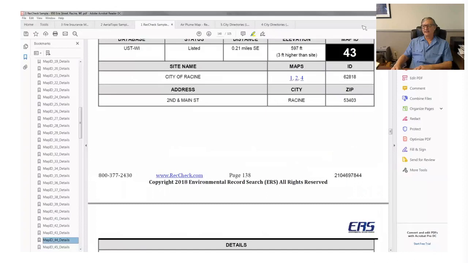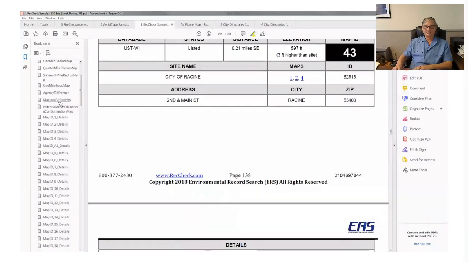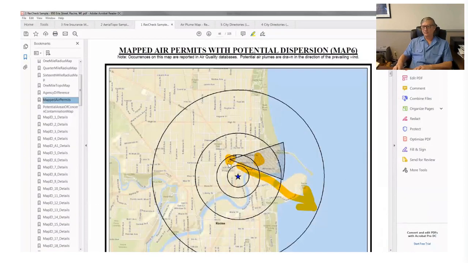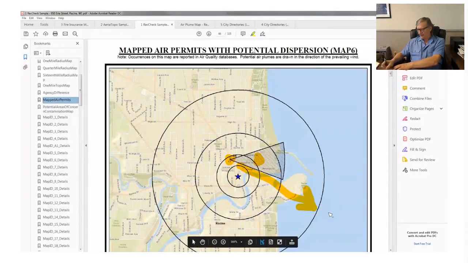It's a possibility that they could have a big leak and it go right down to our site, because as we saw in the mapped air permits, they're 21 feet higher. There's only one block between us for it to catch part of our property. So right away, that's fact 6.